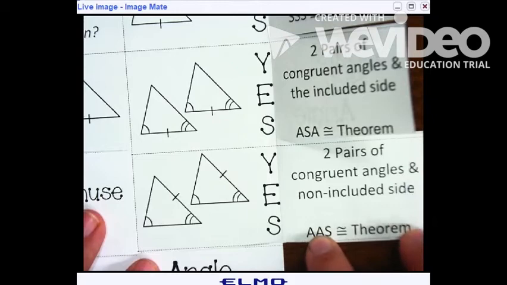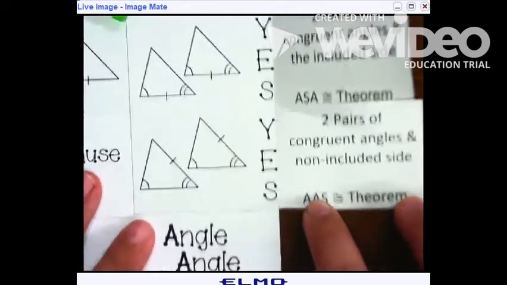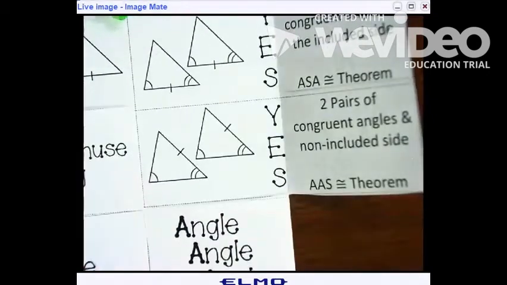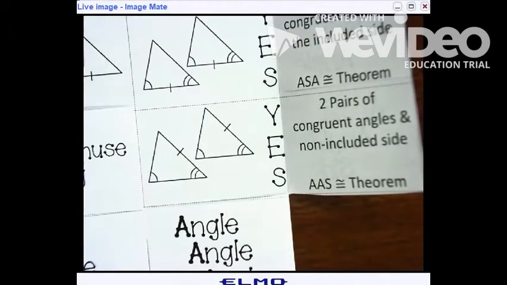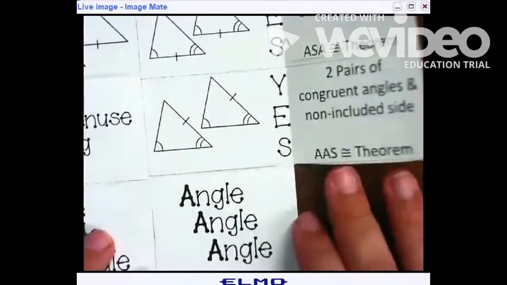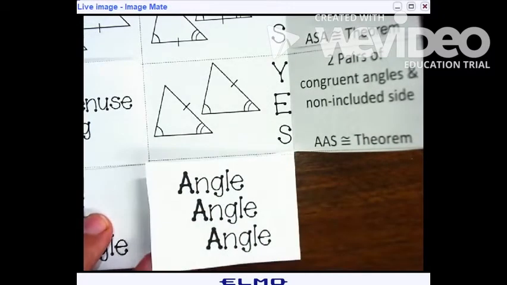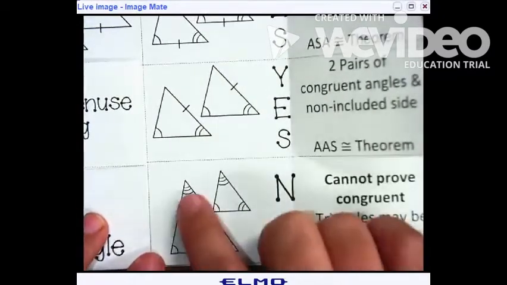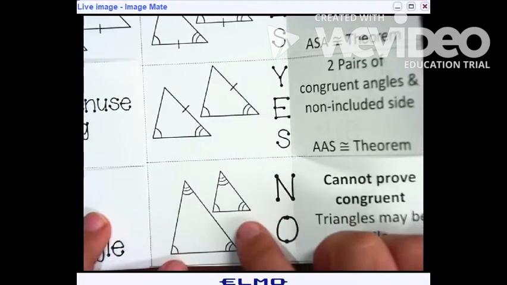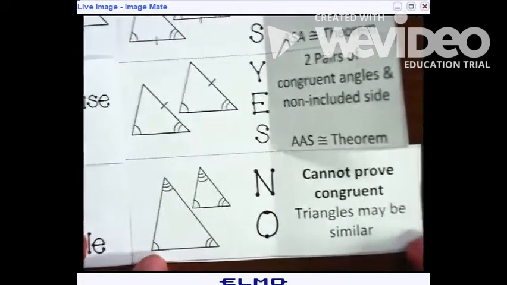All right. What if we don't have any sides at all? What if all we have are the 3 angles? Angle, angle, angle. What does that do? Well, the angles are congruent, but the triangles are not, are they? This will not prove congruence.